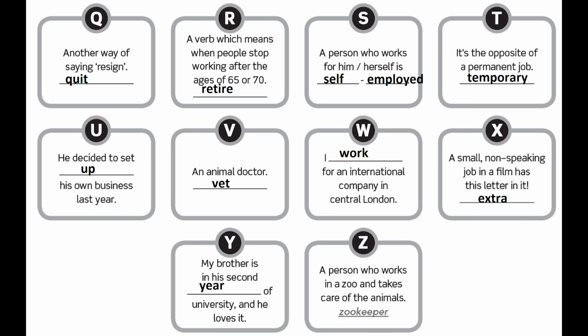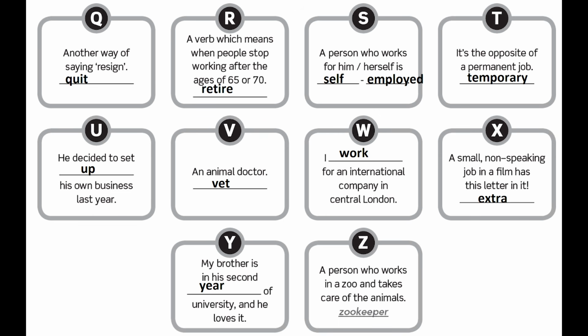S. A person who works for him, herself is self-employed. T. It's the opposite of a permanent job, temporary. U. He decided to set up his own business last year. V. An animal doctor, vet. W. I work for an international company in central London.